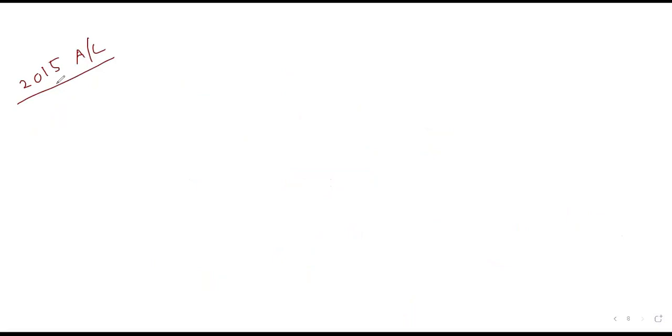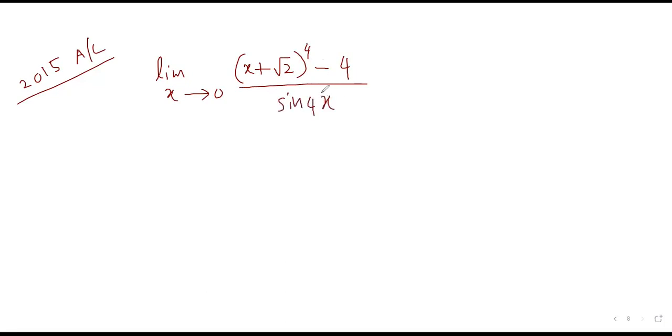What you have to find out is the limit x is going to 0 of (x plus root 2) to the power 4 minus 4 over sin 4x. You have to prove that it's equal to 2 root 2.